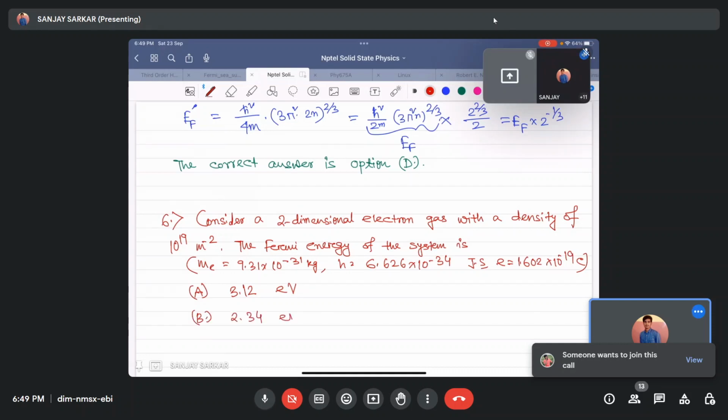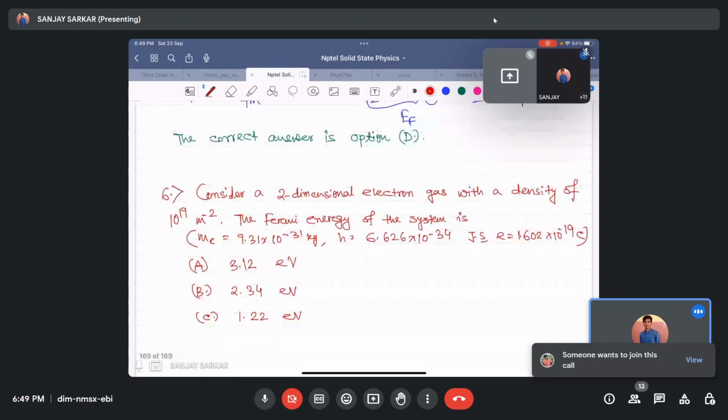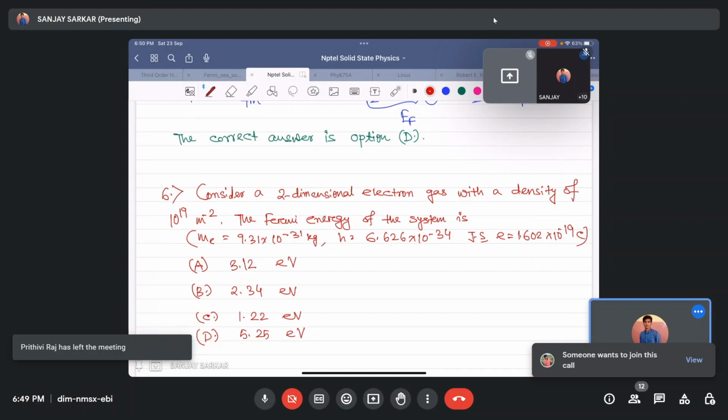Option B is 2.34 electron volt. Option C is 1.22 electron volt, and option D is 5.25 electron volt. So please calculate this. Consider a two-dimensional electron gas with a density of 10 to the power 19 per meter square. You need to calculate the Fermi energy of the system.